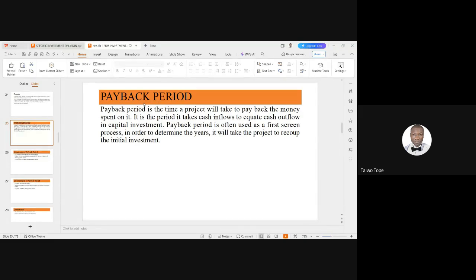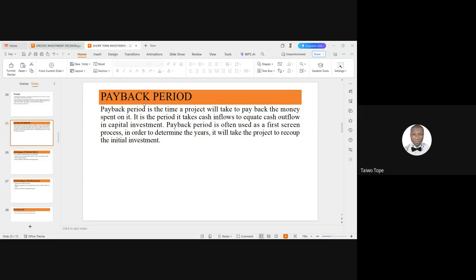So the period it takes cash inflow to equate cash outflow in capital investment is termed as what? Payback period. In year 0, you invest 200,000. In year 1, you have a return of 100,000. It means you are left with how much to recoup your investment? 100,000.